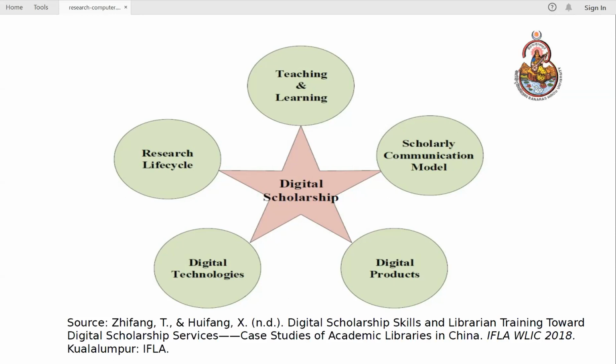So whatever is the outcome of my research work, it should be accessible to everybody. If it is accessible to everybody, it will establish my recognition in the subject in terms of citations, in terms of collaborations. So open access is the mantra today.